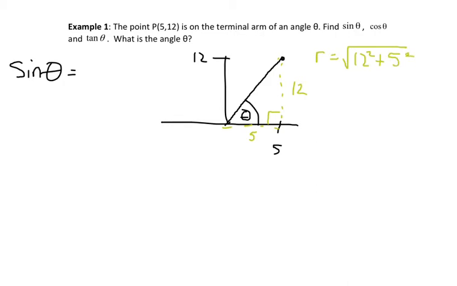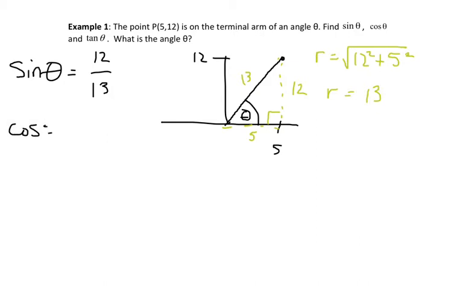That's 144 plus 25, which is 169. The square root of 169 is 13. So sine theta is 12 over 13. If you're asked for sine theta, you're asked for a ratio. The definition of sine is the ratio of the opposite side to the hypotenuse. So 12 over 13 is the ratio.